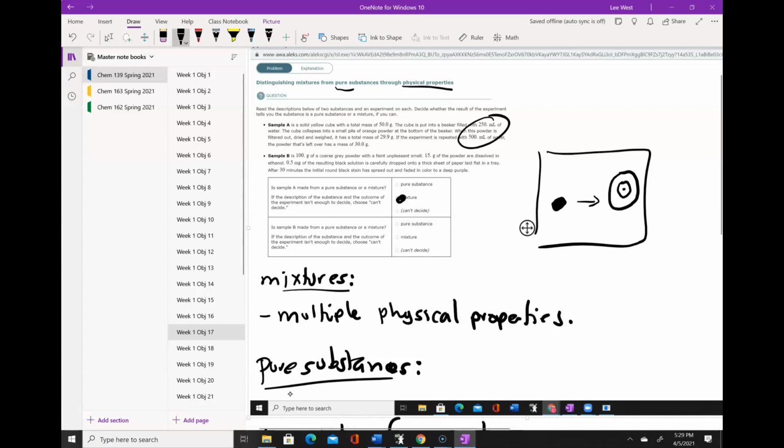So what we'd be looking for if this was a mixture would be multiple rings that this thing separates out into, indicating different substances that interact with the paper to different degrees. Now what happened here, it says after 30 minutes, the initial round black stain has spread out and faded in color to a deep purple.